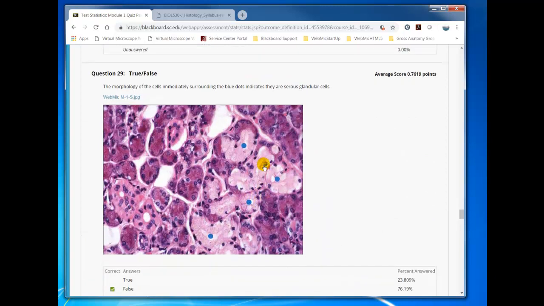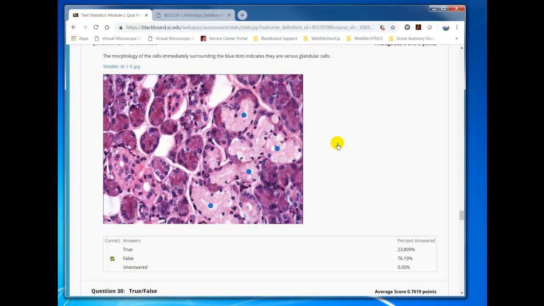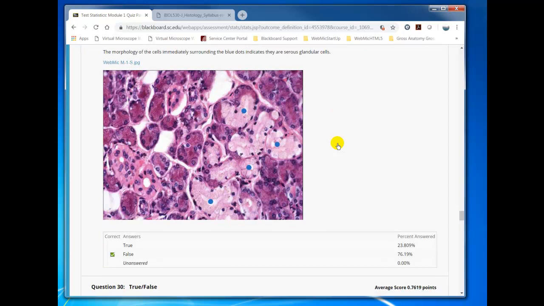The morphology of these cells immediately surrounding the blue dots indicates they are serous glandular cells. Well, that's false because the blue dots are in the midst of glandular cells that are very lightly stained, and these are mucous cells. The adjective is M-U-C-O-U-S; mucous cells produce mucus.